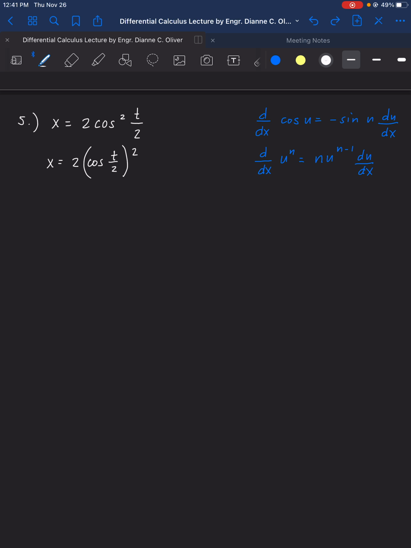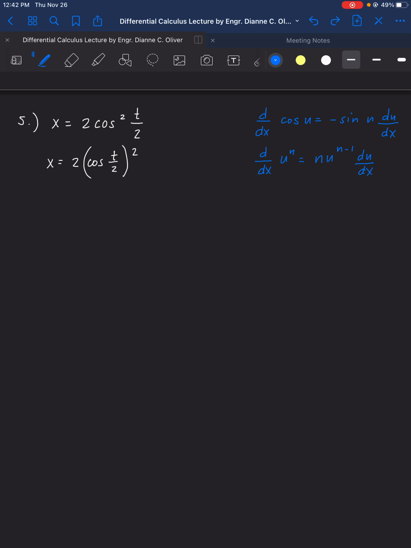So you can see here a power formula. Again, this is u and this is n. So the u here is cosine t over 2 and n is 2. Then we need to derive what is inside, or what is u, and that is cosine t over 2.